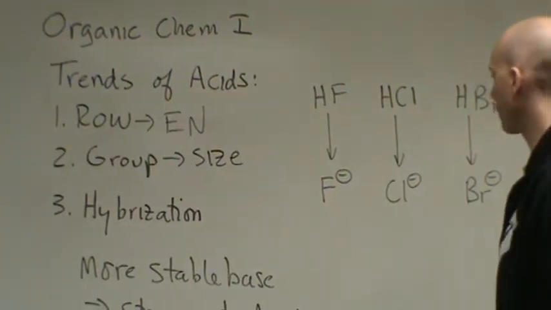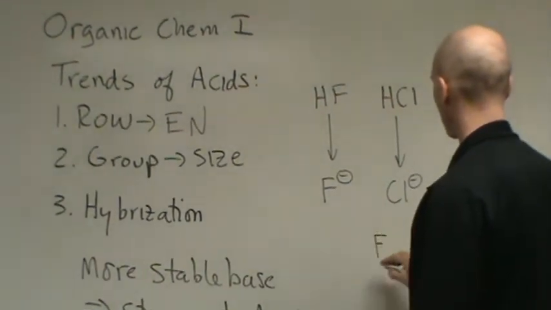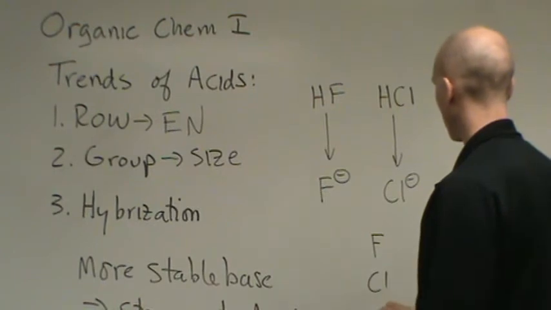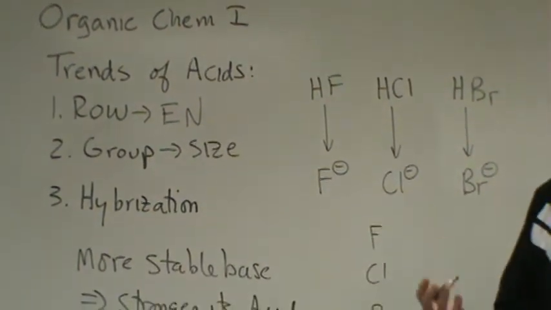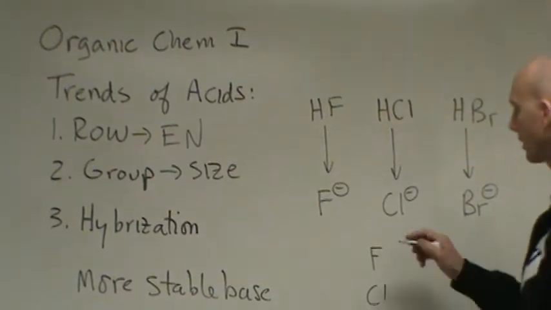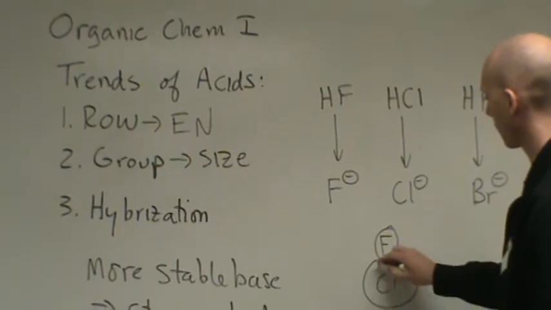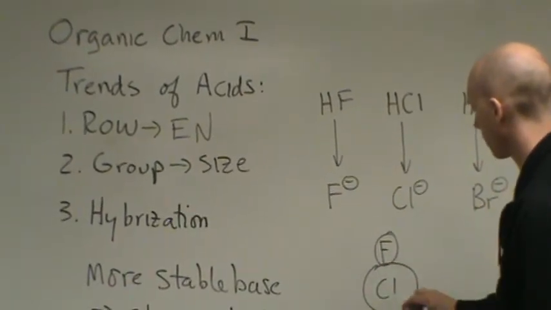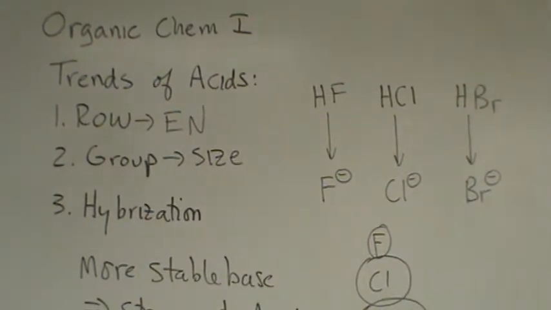Remember, as we go down the periodic table, if you look at fluorine, chlorine, and bromine, the size, you can always think of like Frosty the Snowman. Fluorine, smaller, but as we go down, we get bigger, and bromine even bigger. So think of Frosty the Snowman.